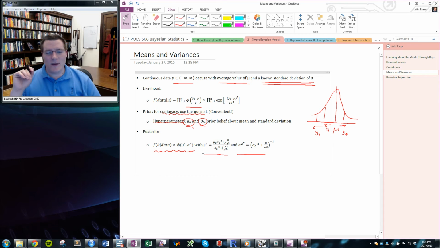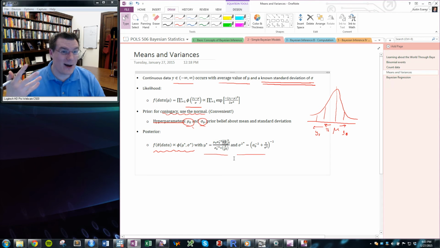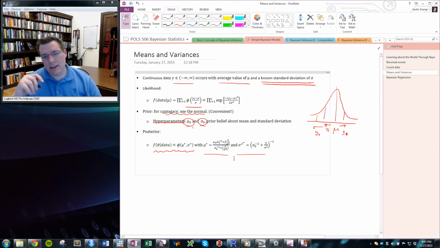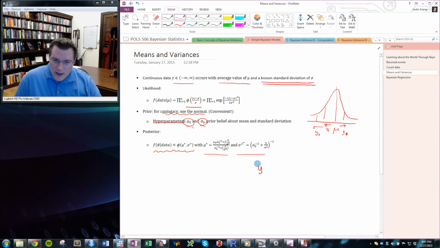Right. So in order to calculate the posterior analytically, you enter these things in for mu and sigma into a standard normal density. I should note y bar here is the average observation. It's the empirical mean, the average observation of y in the sample you have. So I'll just write that down. Y bar equals sample average y.